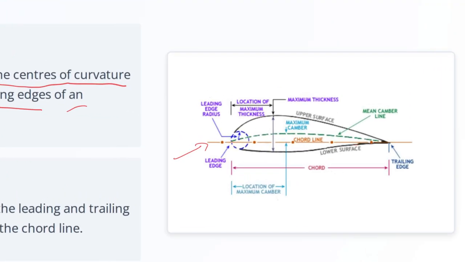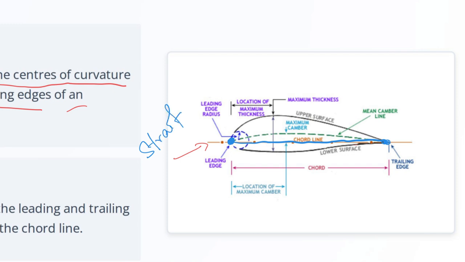So basically, a chord line is a straight line which connects the leading edge and trailing edge of the aerofoil. So joining the leading edge and trailing edge by a straight line. So what is the first criterion of a chord line?